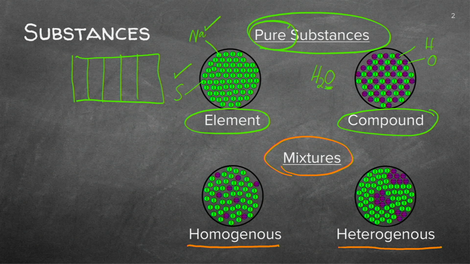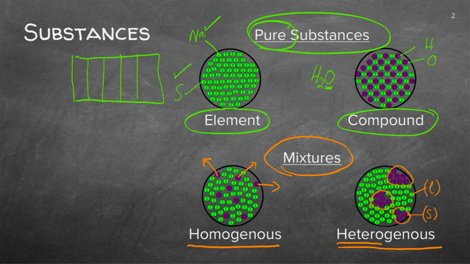Now, if you have a look at this, can you see the arrangement of the purple atoms in terms of the green ones? Here you can see I've got the purple ones clustered together, and that makes it probably a solid. So what we have here is probably a solid, and here I've got a liquid. So that's a heterogeneous mixture.